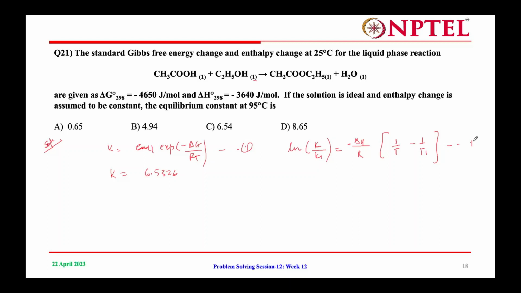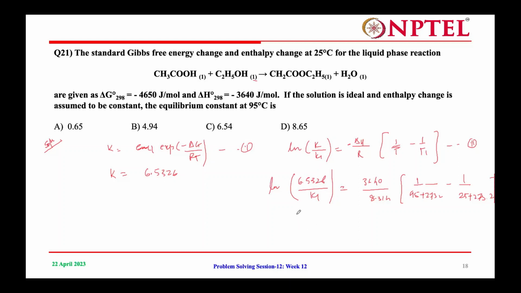Now put the values in the equation: delta H is this value, and for 1 by T, convert 25 and 95 into Kelvin. So ln of K2 by 6.5326 equals 3640 by 8.314 times 1 by (25 plus 273.2) minus 1 by (95 plus 273.2), right?